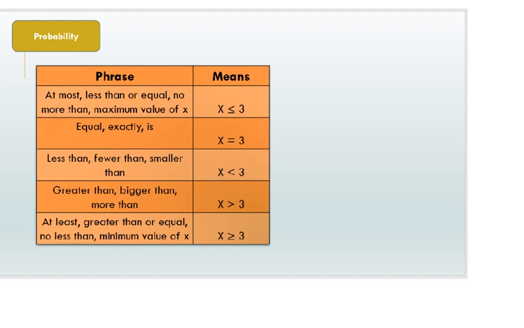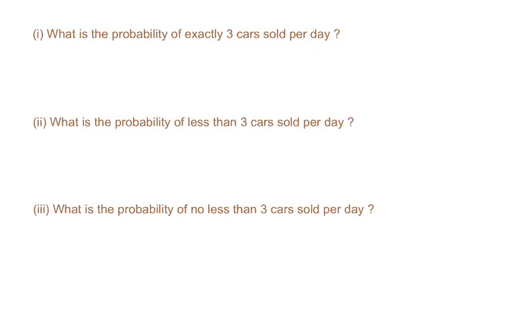I have the phrases and the meaning of the symbols for the value we want to calculate. Let's say we have these three examples, or three questions, for calculating probability.